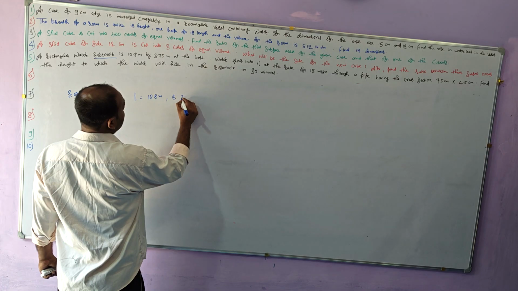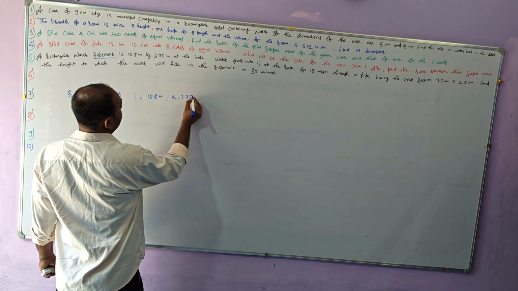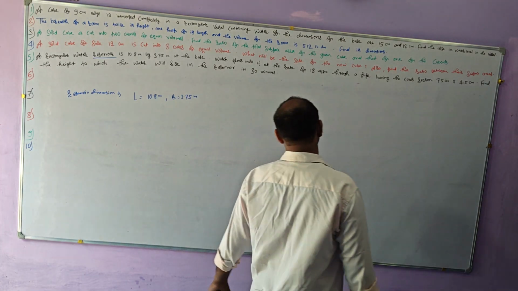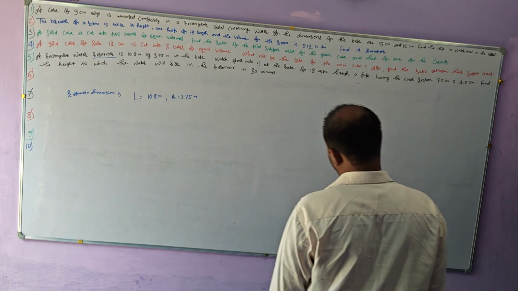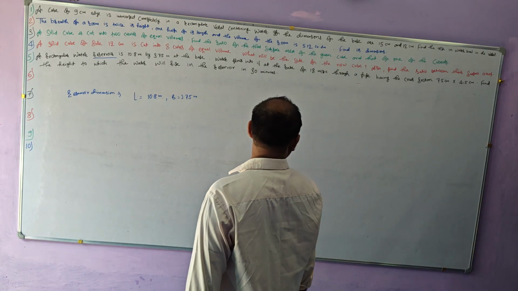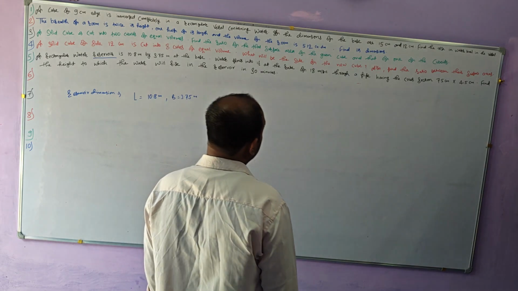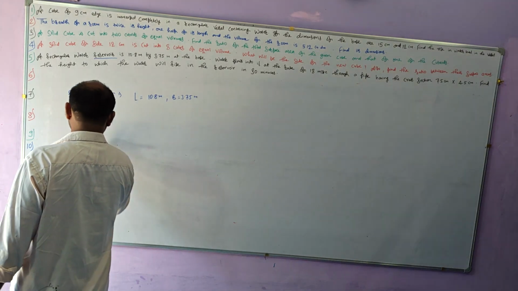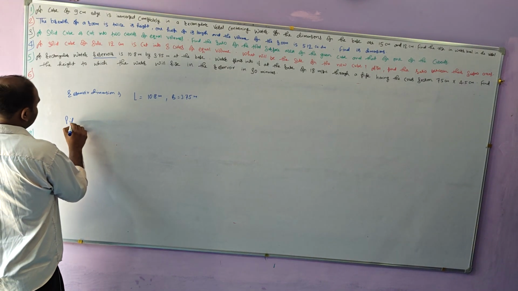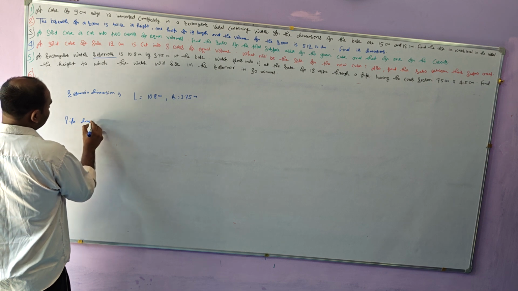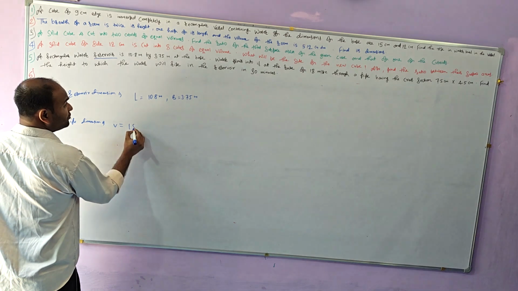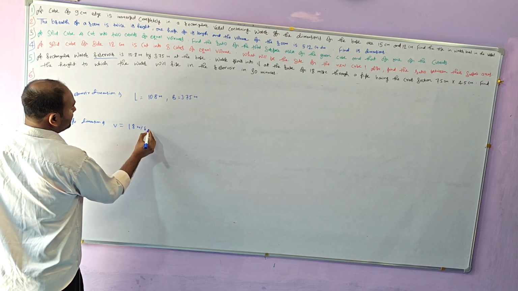B is equal to 3.75 meter. Water flows into it at the rate of 18 meter per second. So we have given V through a pipe, and the pipe dimension, here given V is equal to 18 meter per second.